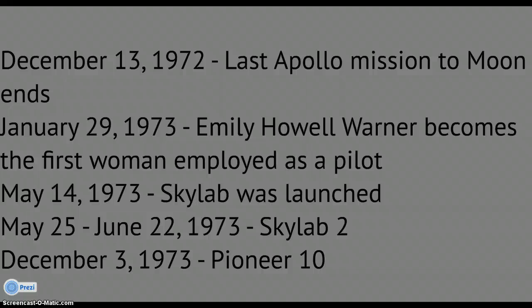Between May 25th and June 22nd, Skylab II was the first U.S. space station mission with Pete Conrad, Joe Kerwin, and Paul Weitz. On May 14th, Skylab, an unmanned space station, was launched. December 13th, the big day, was when the last Apollo mission on the moon ended.